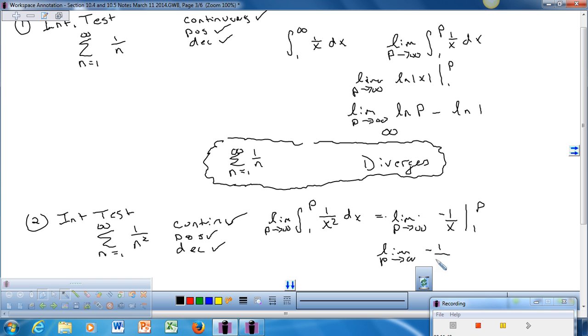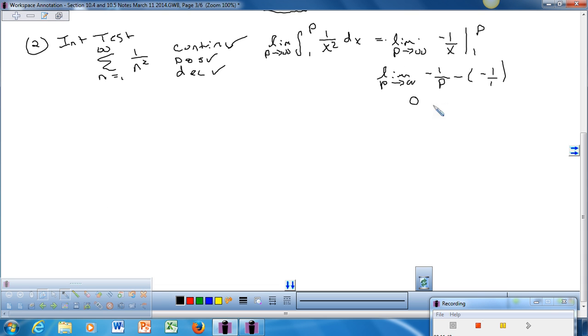Watch your negative. Yes, thank you. Because as p goes to infinity, negative 1 over p approaches what? 0 plus 1. The integral converges, which means that the series converges.